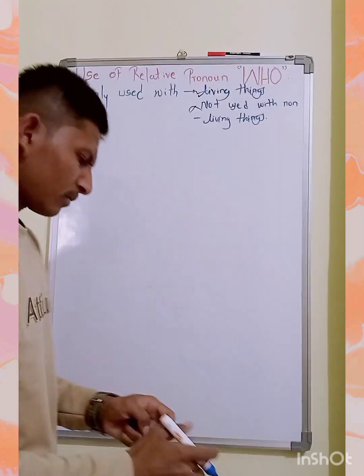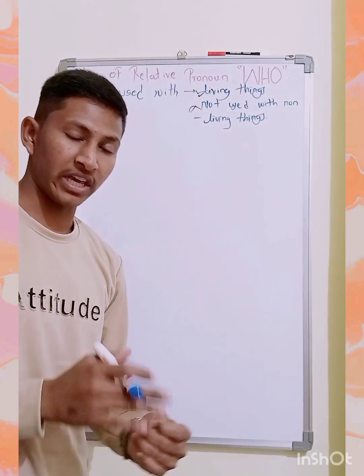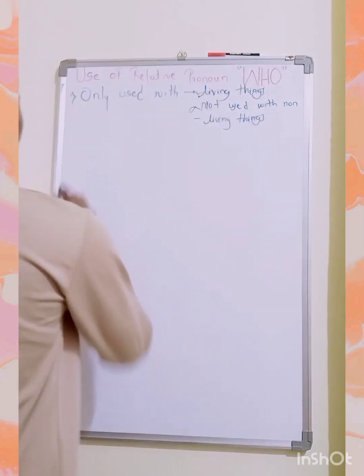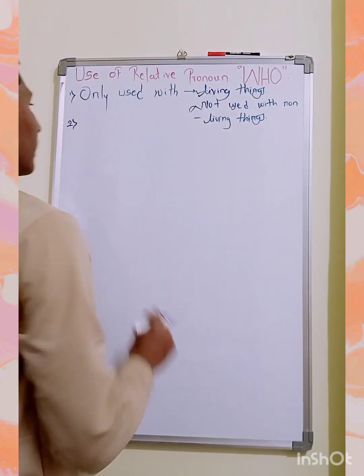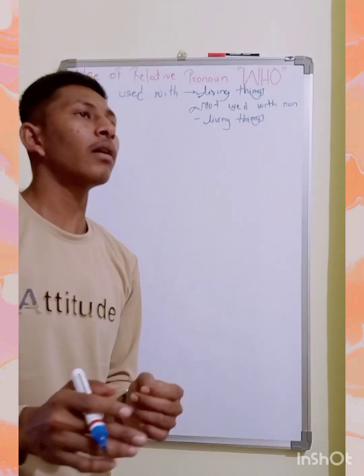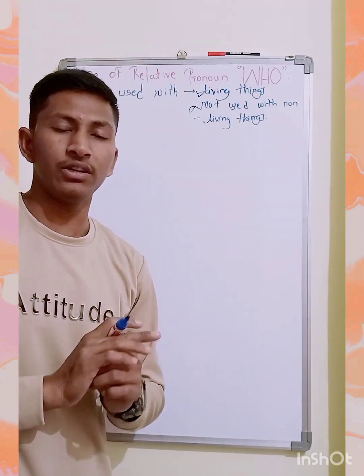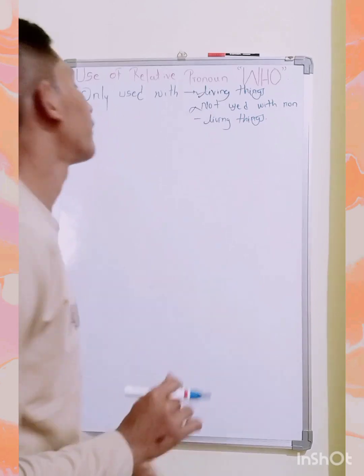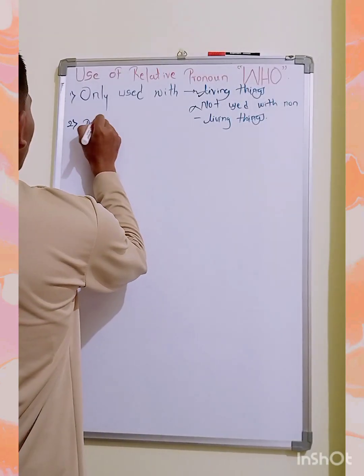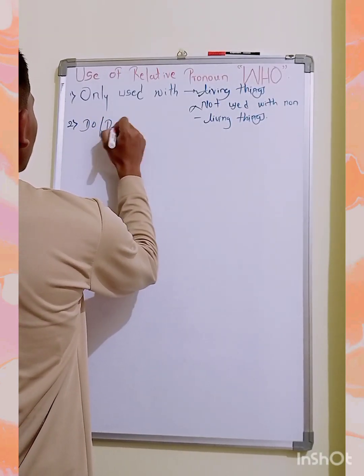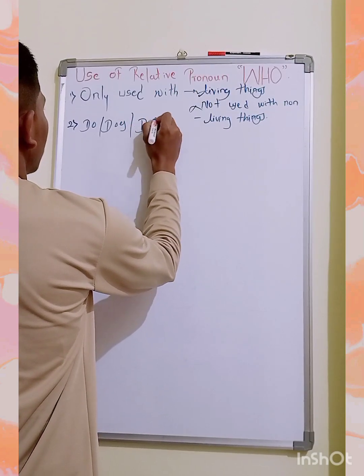Now, what are the further conditions that we have to obey? The modals or main verbs that are not used with who are do, does, and did.